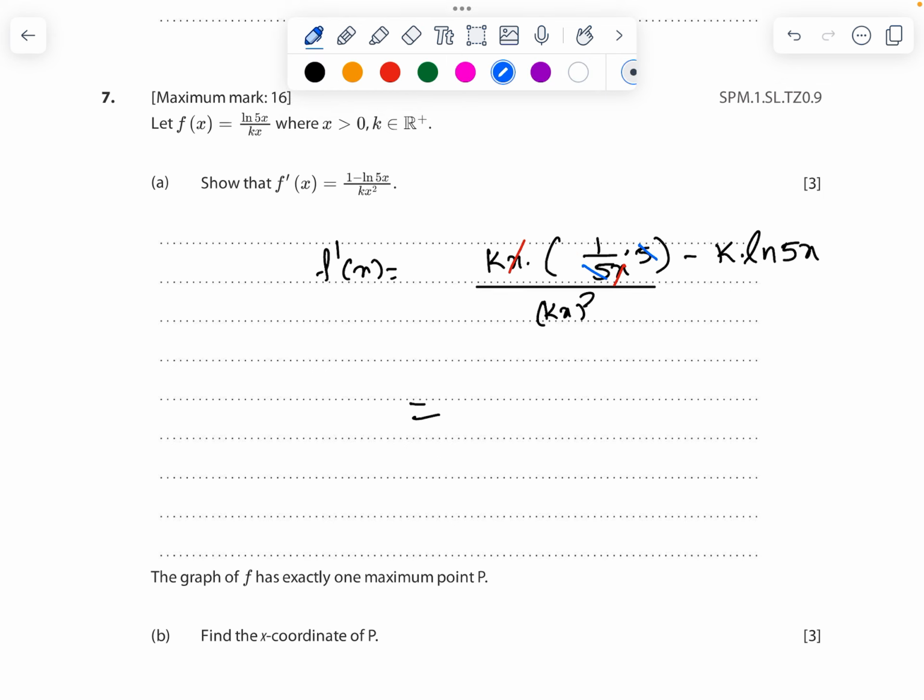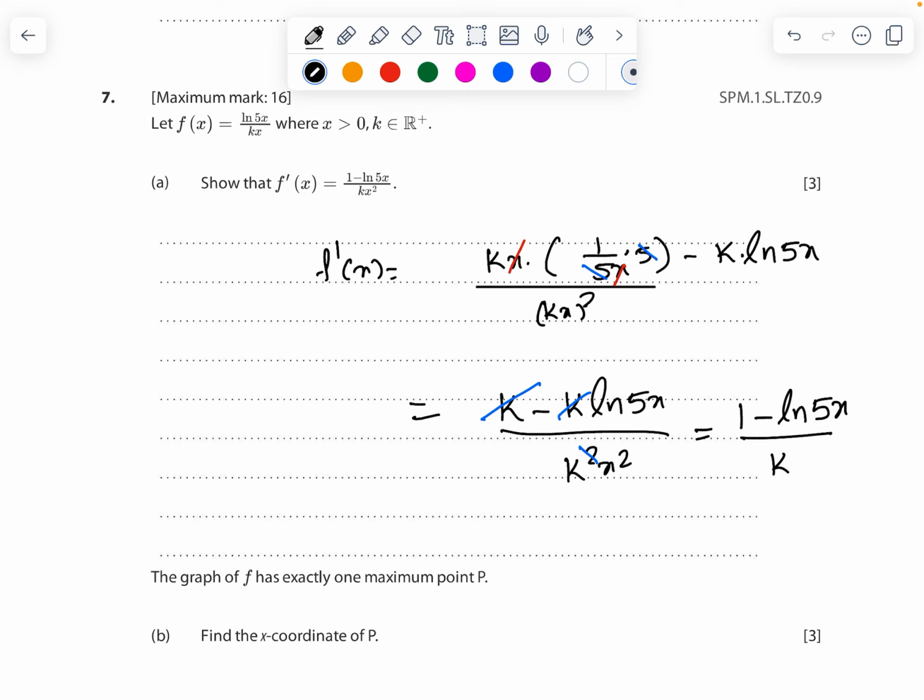Ln 5x derivative is plus. So I should be getting k minus k ln 5x divided by k square x square. The k also gets cancelled. So my final answer is going to be 1 minus ln 5x divided by kx square.